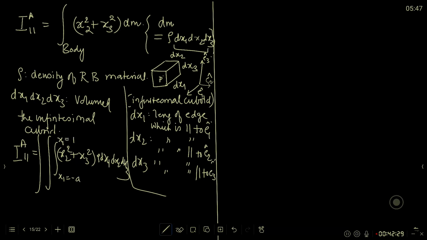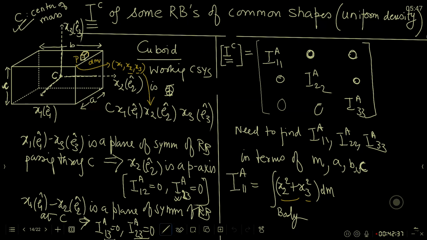Because the length of the edge which is parallel to E1 is a. C is the center of mass, and that is also the origin of our coordinate system.